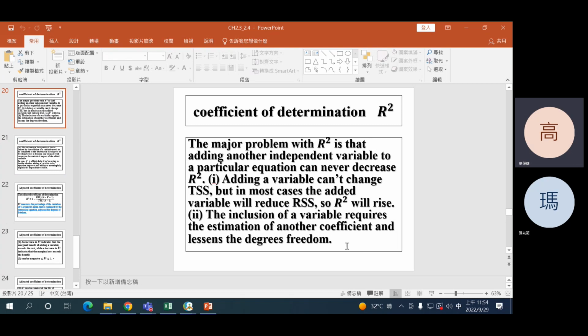Okay, let's see here. The major problem with R square is that adding another independent variable to a particular equation can never decrease R square. What does that mean?